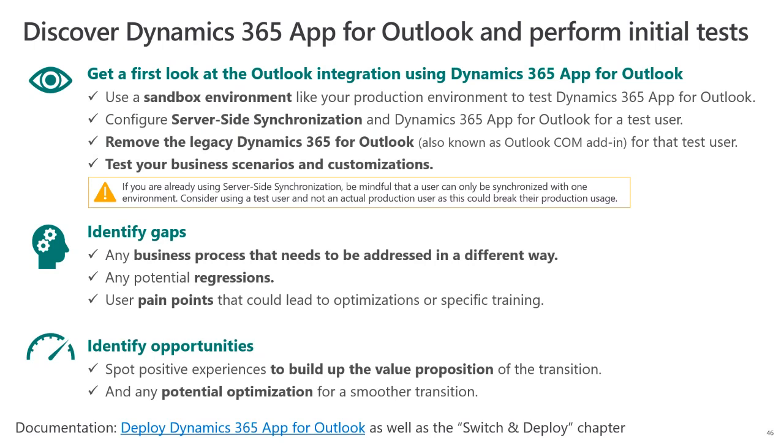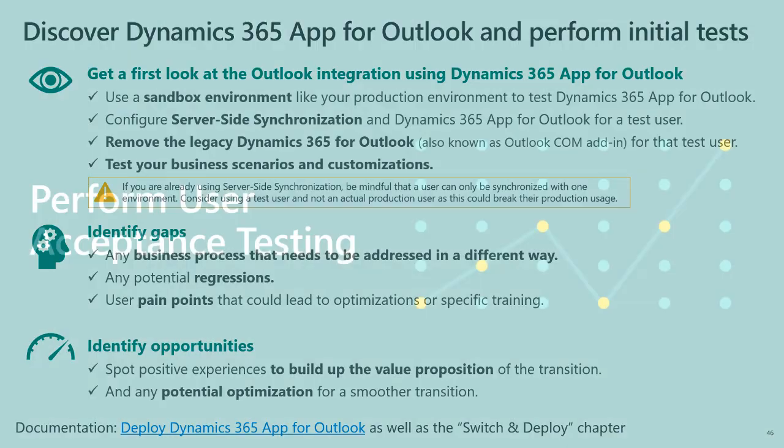And that's also a good opportunity to spot positive experiences to build up the value proposition of the transition, because there's a lot of things that can be done more quickly with the app for Outlook and with more contextual information in the app for Outlook. And that helps sell the project internally to your users. And also that helps you spot any potential optimization for a smoother transition.